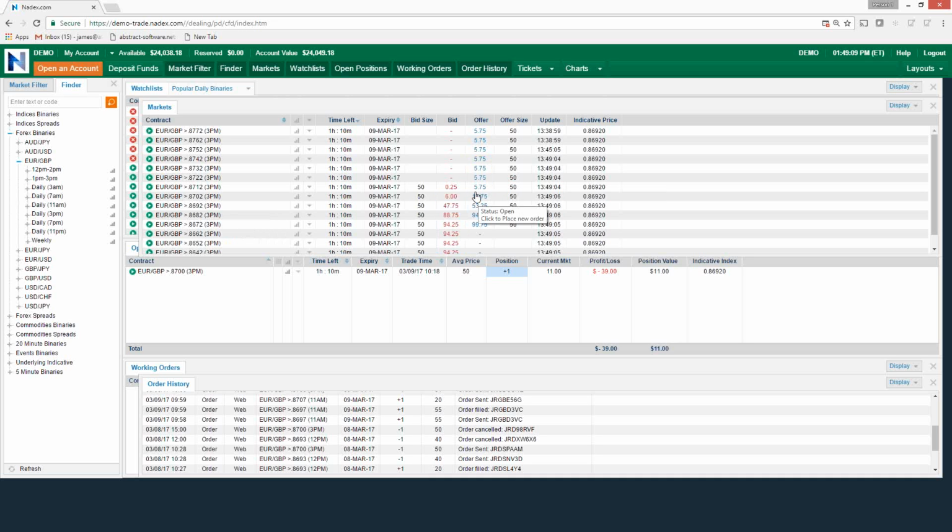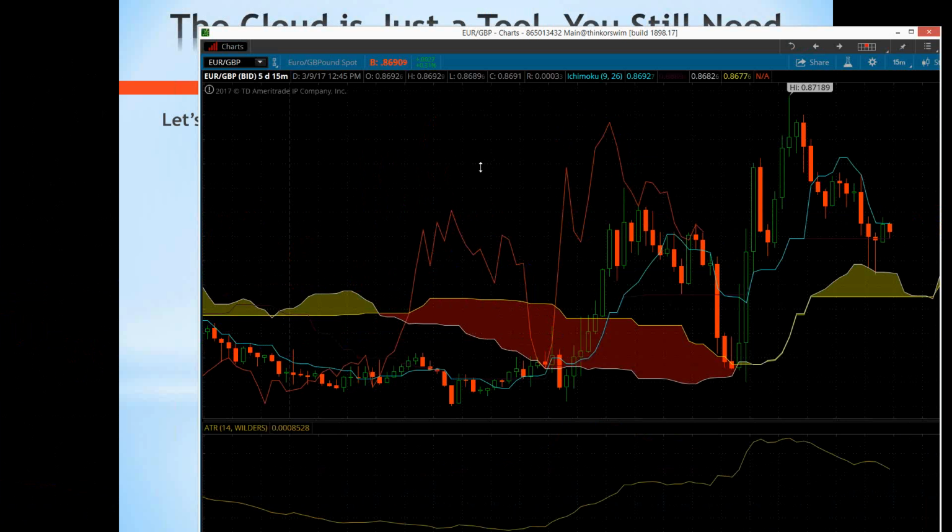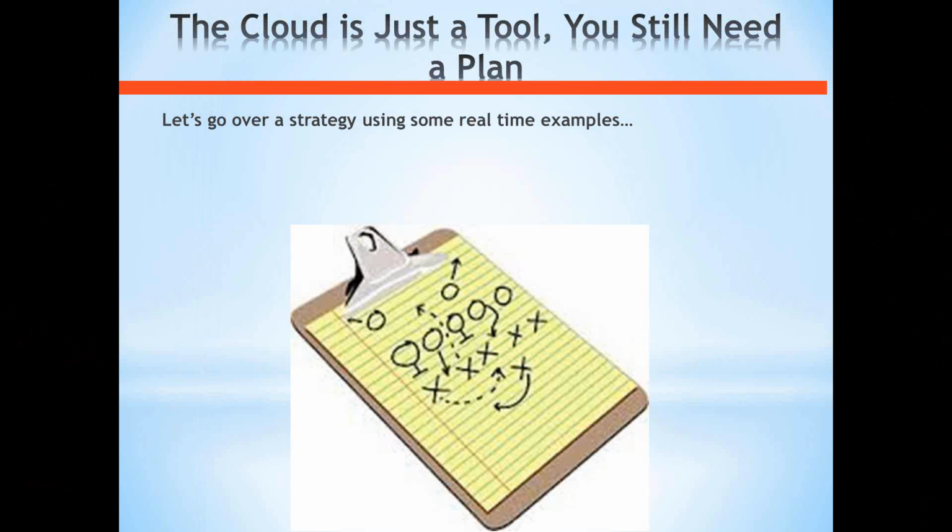What I'm working on right now, and I will 100% be giving you guys a presentation on this when it's done, is back testing this strategy and creating a distribution that I can use to set up better targets. So essentially what I'm going to be looking at is, okay, in a confirmed setup on a break of the cloud to the upside, what is my expectation based on historical data in these situations for movement between now and all of the listed expirations that we have for Nadex.